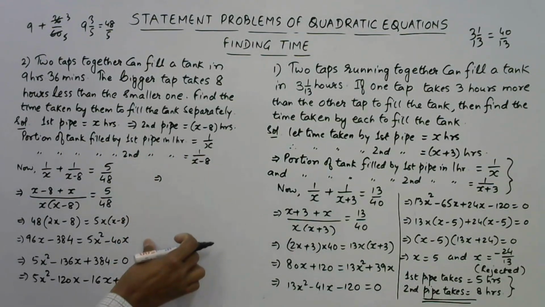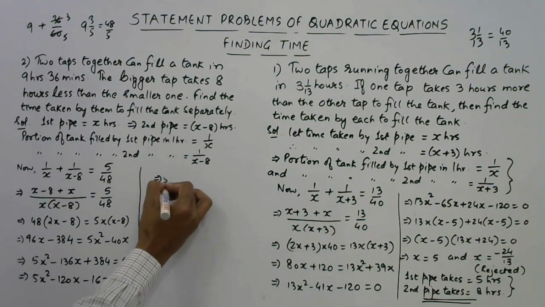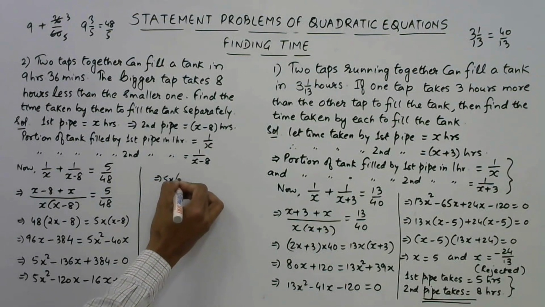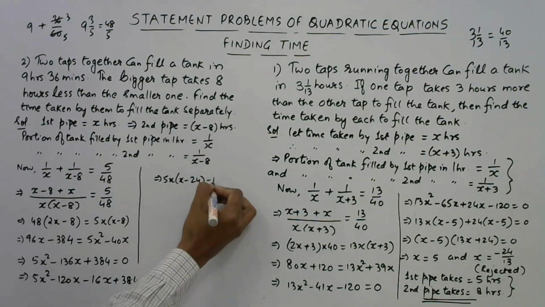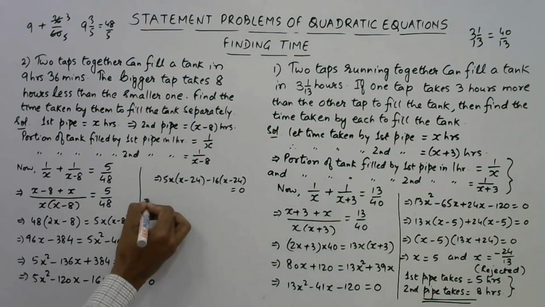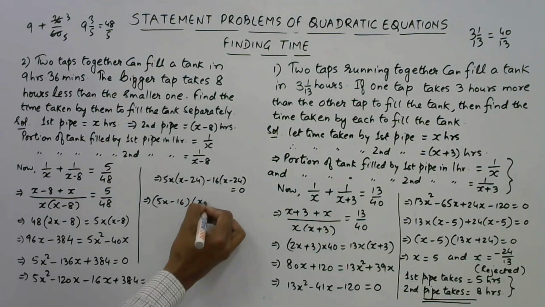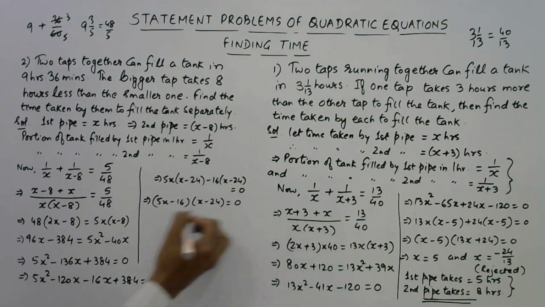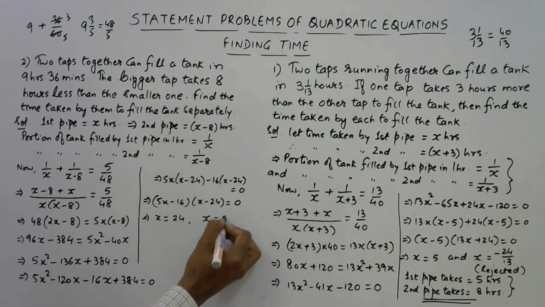I'll put a line here just for your convenience. 5x square, so 5x is common, x minus 24, and then minus 16 is common, x minus 24 equal to 0. So 5x minus 16 and x minus 24. So x comes out to be 24 and x comes out to be 16 upon 5.